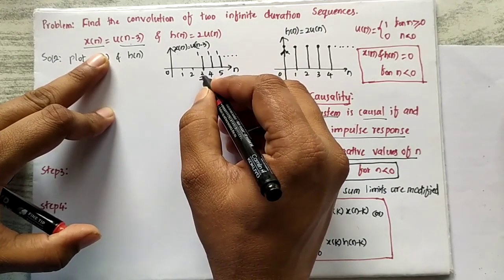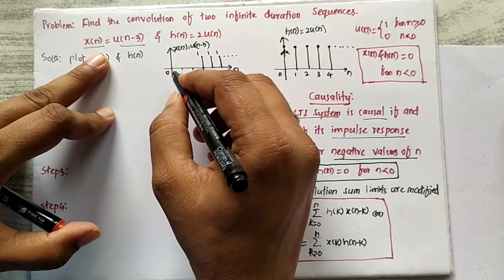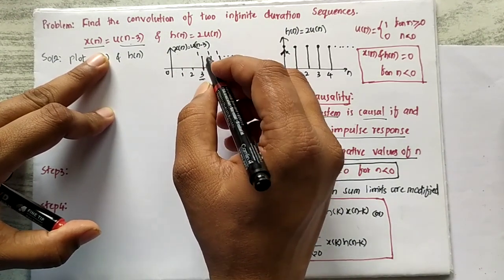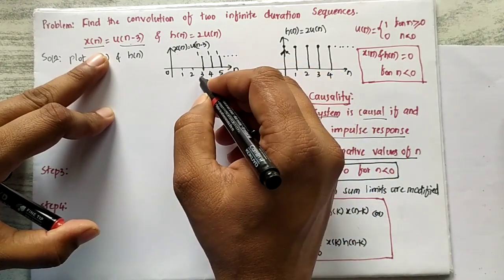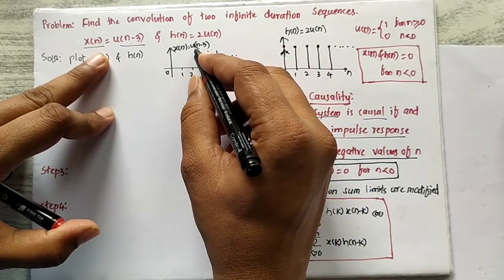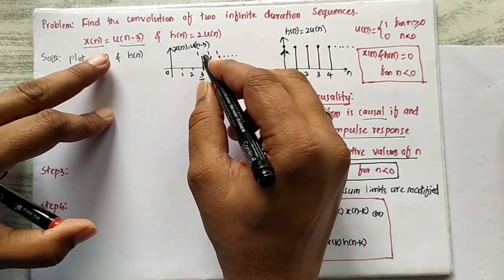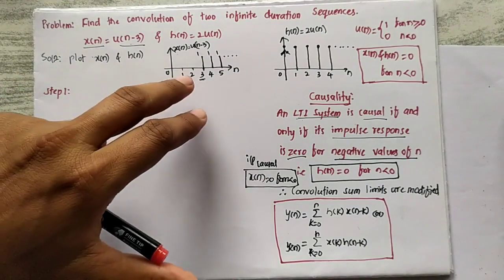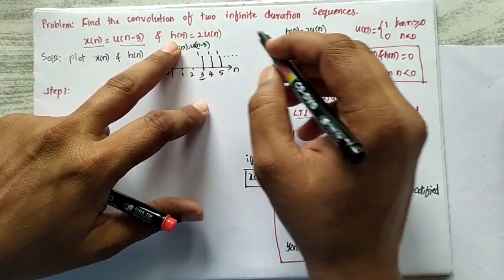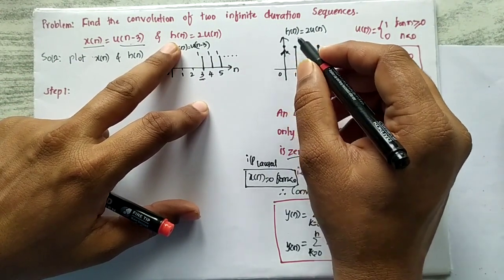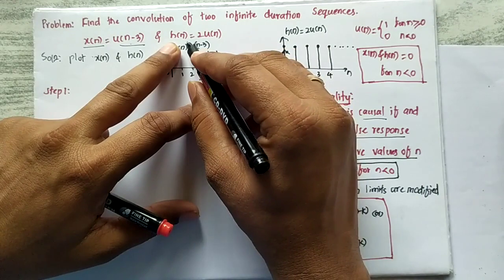So the values we had earlier at 0 will now be at 3, with amplitude 1 forever. So x of n, that is u of n minus 3, starts at 3 and goes to infinity with amplitude 1. This is the plot for x of n. Similarly, from the expression we can draw the plot for h of n. So how will h of n look?